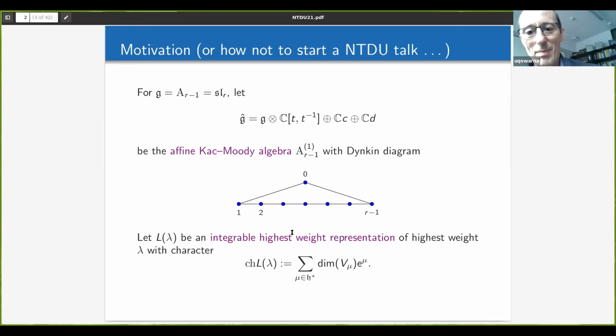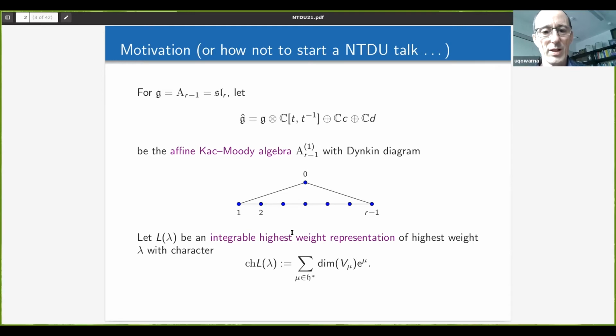Many of the things I'm going to say are true for arbitrary Kac-Moody Lie algebras, or at least of affine type, but I won't have anything to say about those. So I'll restrict myself to the simplest type of affine Lie algebra, which is essentially the affine version of SL_N. If you know what that thing is, great. If you don't, don't worry about it.